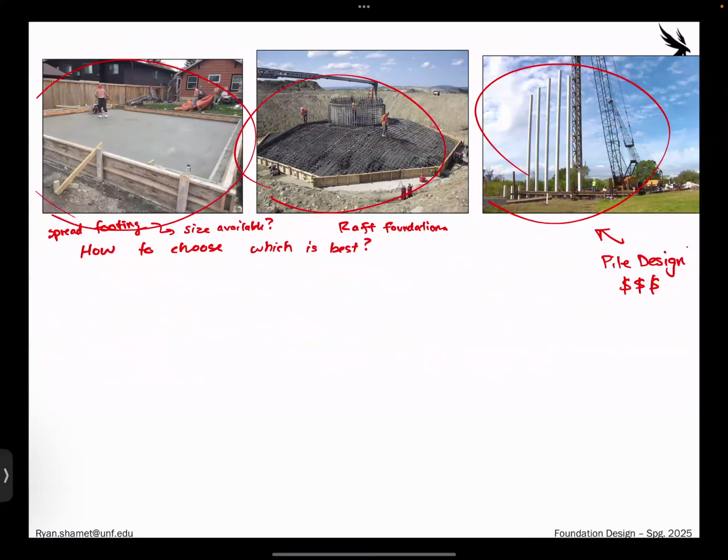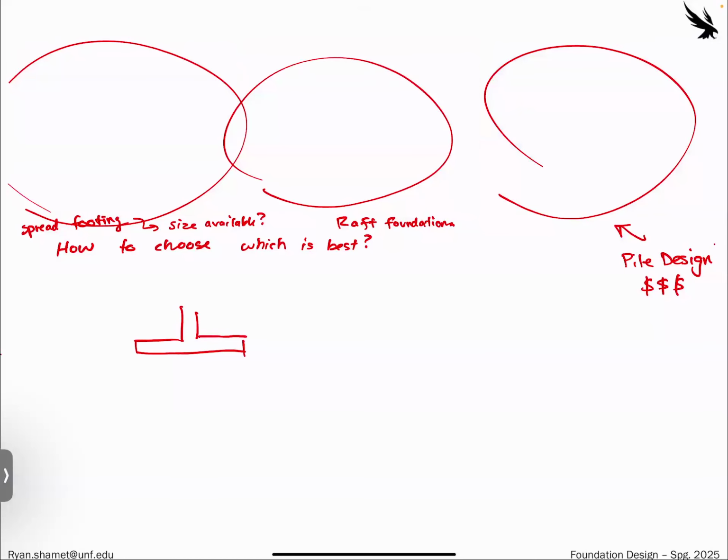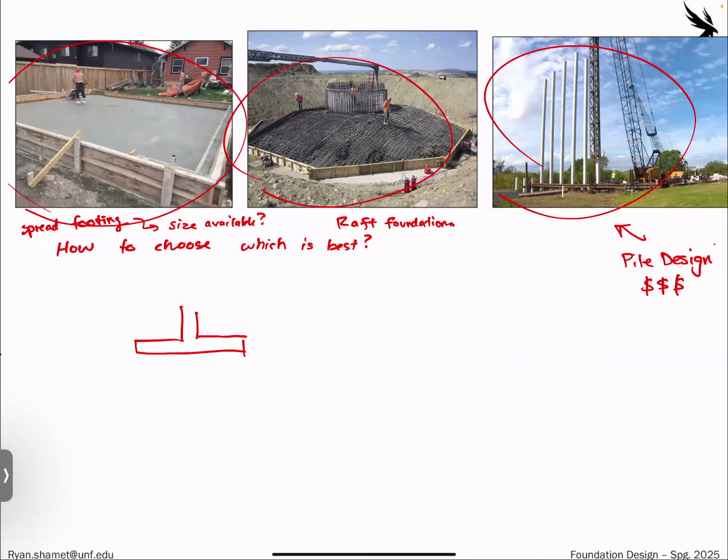So once we even choose what type of pile to use, the failure aspect is one of the most difficult parts. As we said, for shallow foundations, I'm just going to draw it like this. Shallow foundations are usually at the surface or directly below the surface.